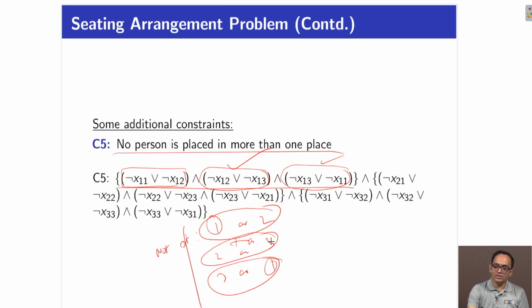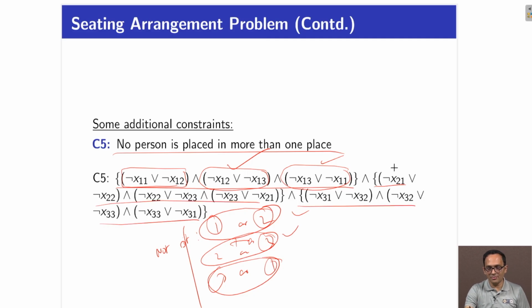Then at least one of 2 or 3 should be done. So now 2 of them are true, so 2 of them are basically false. If 2 is true here, then this and this will be true. Now 3 or 1 has to be true, right? So this way, this ensures that he is sitting in exactly one place. The next part is for person 2 and the third part is for person 3.